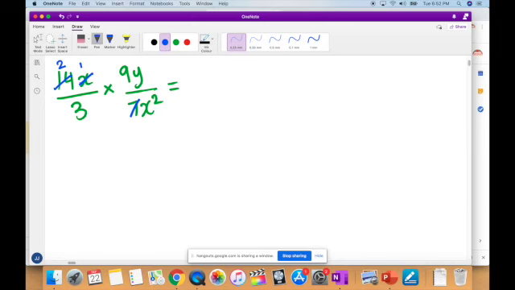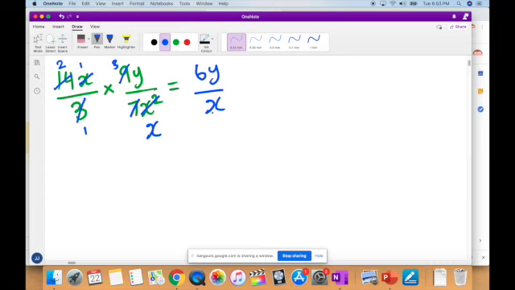And this will cancel with x squared to just give you x. And then this 3 could go into this 9, 3. So that means I'll have 2 times 3y, which is 6y, all over x times 1, which is x.